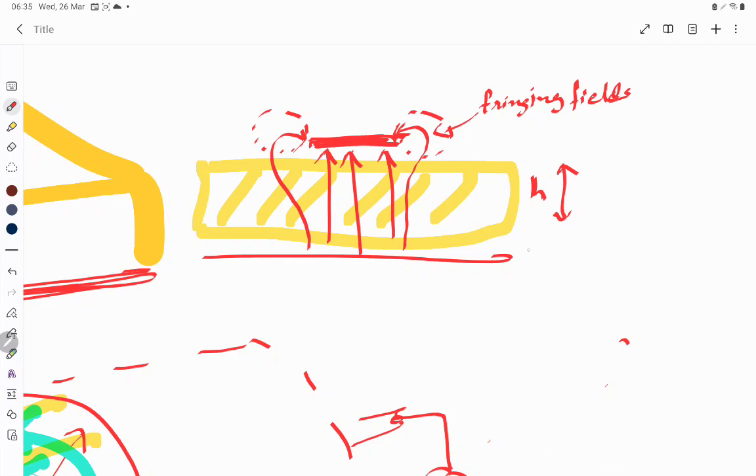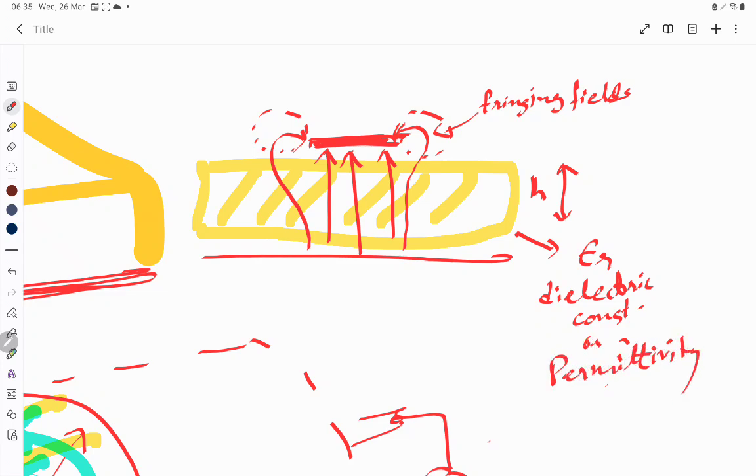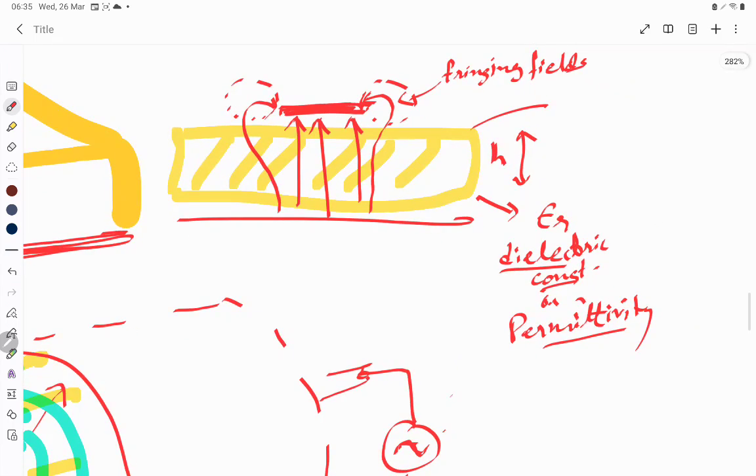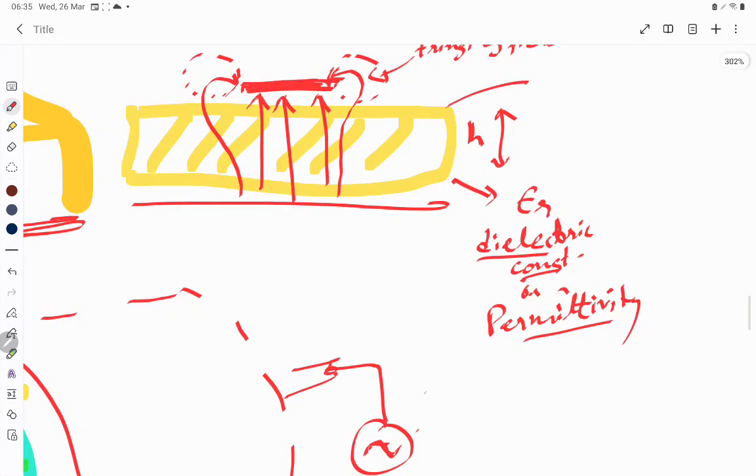That will depend on the epsilon r, or dielectric constant, or permittivity of the substrate or insulator, or the dielectric. Now why? Because dielectric constant determines how much of the electric field it can store inside the dielectric. Okay, so it's a measure.